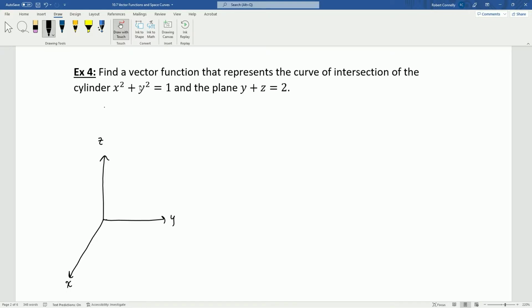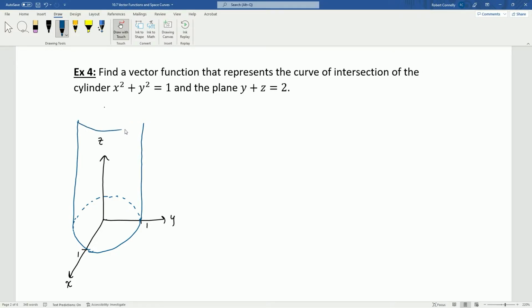So the cylinder here: keep in mind that we're describing a three-dimensional surface and we only have two variables. Since z isn't included, z can be any value. So what this is describing is the set of points that make a circle around the z-axis, but it should include all possible z values.